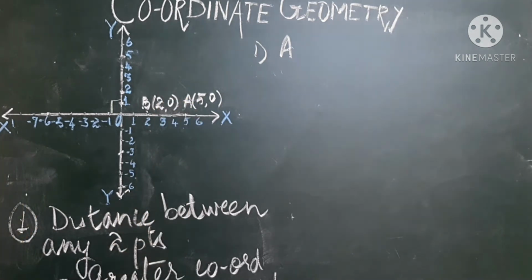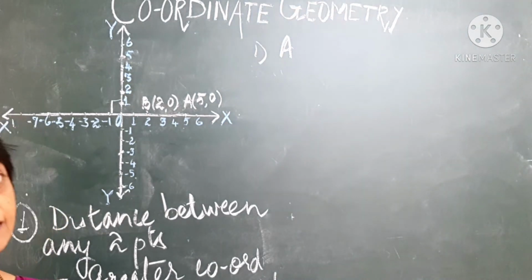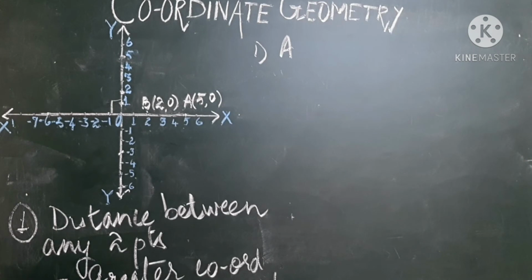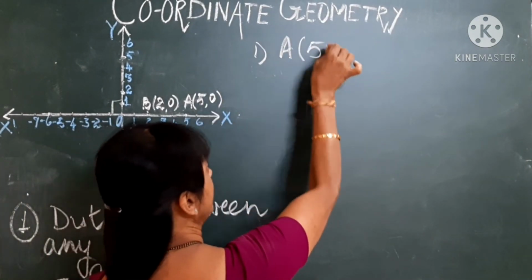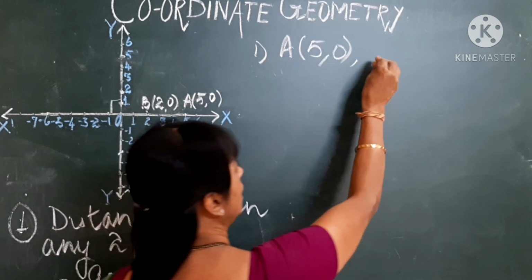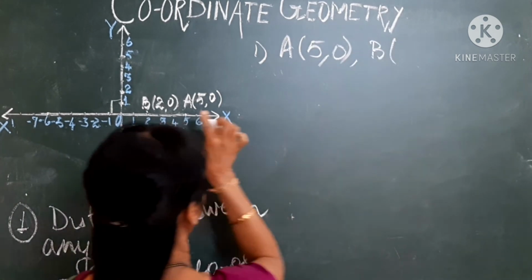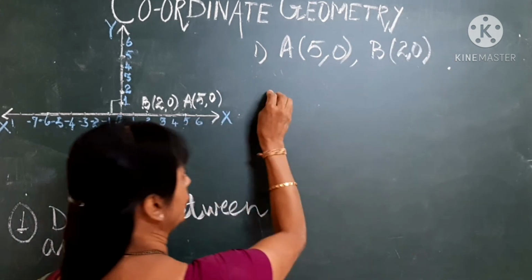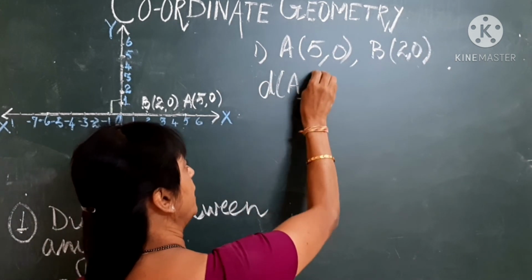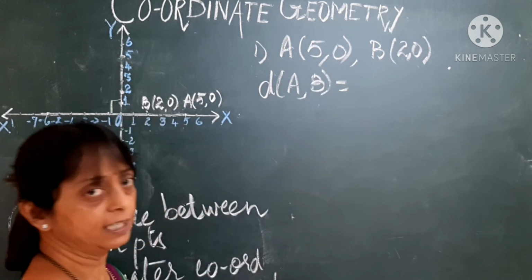And if it's asked, find the distance AB, find length AB, how do we proceed with? So children, the coordinates of A are 5, 0. The coordinates of B are 2, 0. To find distance AB, how do we proceed?